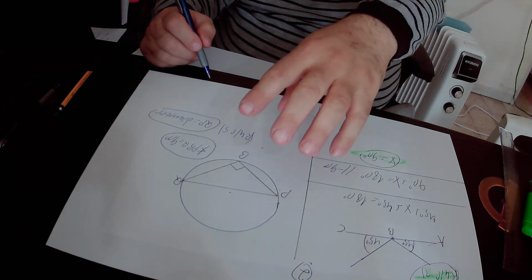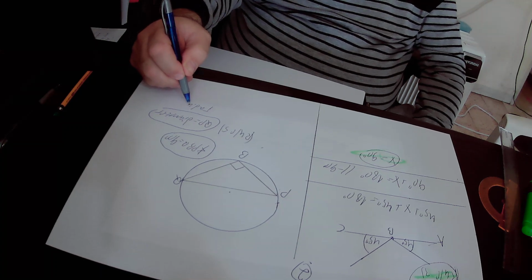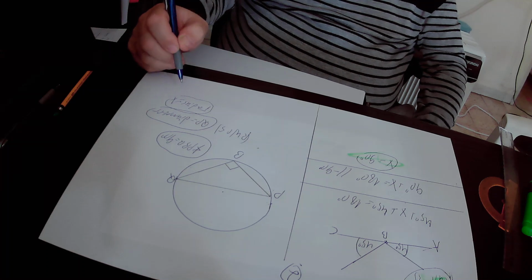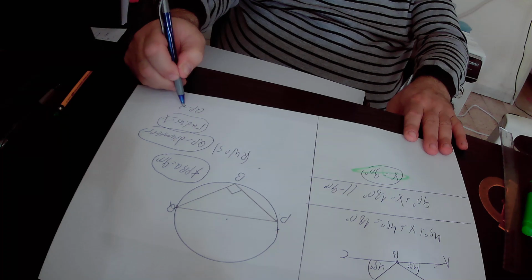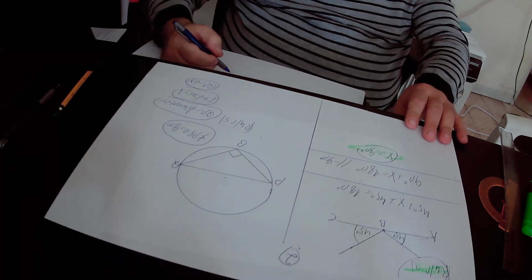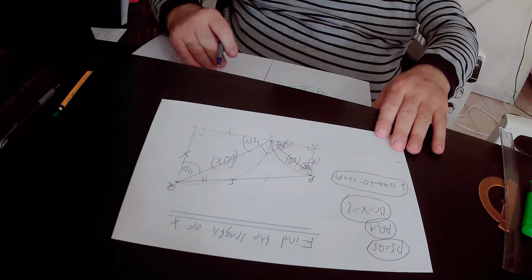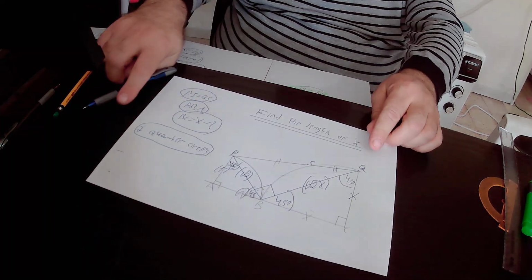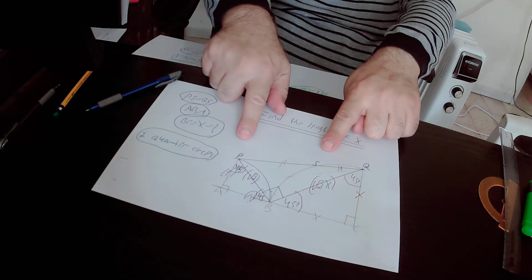So if we define the radius of this circle as x, then the diameter QP must be equal to 2x from one side, but from the other side it is given in the question that side QS equals side SP.